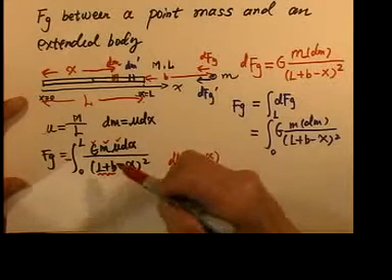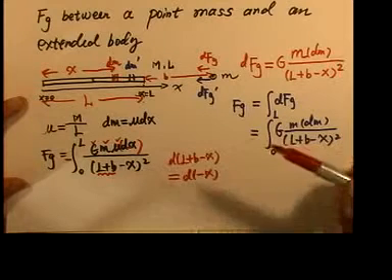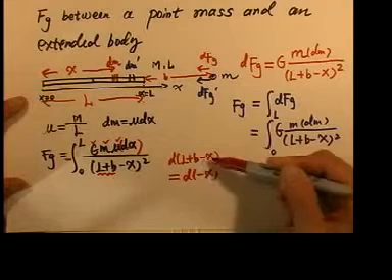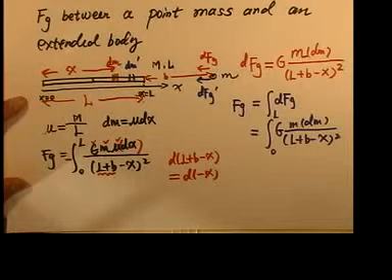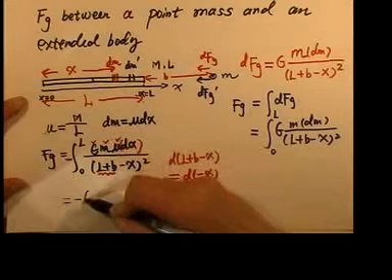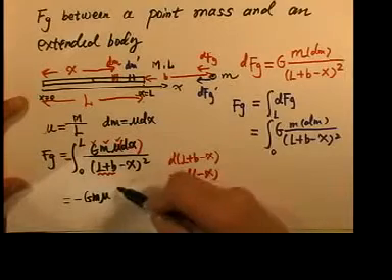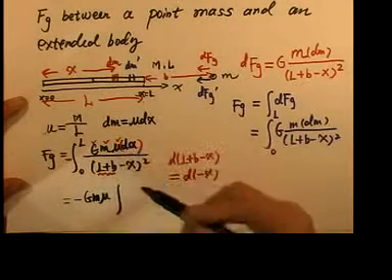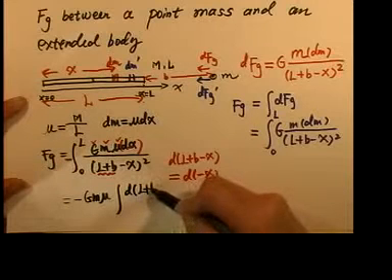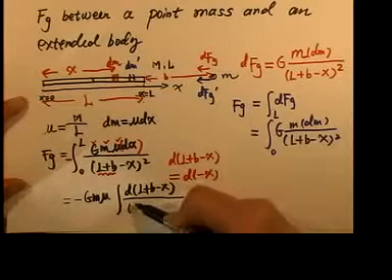So this indicates that d of negative x can be replaced by d of L plus b minus x. As you can see, we have a negative sign and the constants G, m, mu. We can pull these out of the integral, and d of negative x can be replaced by d of L plus b minus x. And we still have that denominator.